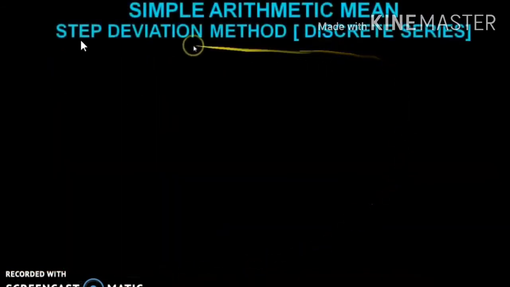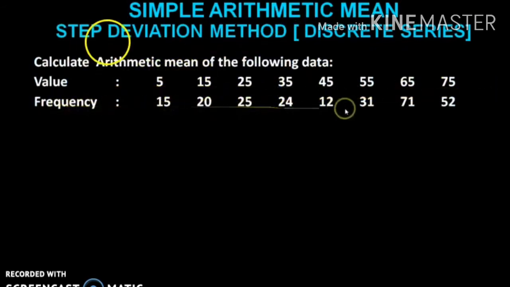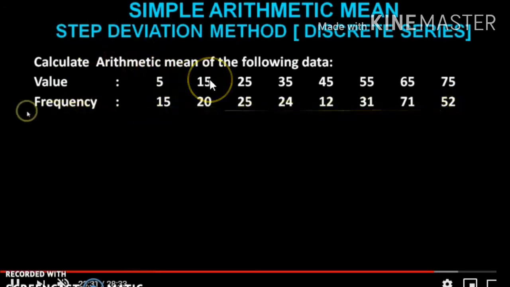So in the step deviation method, how will you find it? Suppose the question is like this. You can see the two values, the first value and the second value, have a difference of 10.